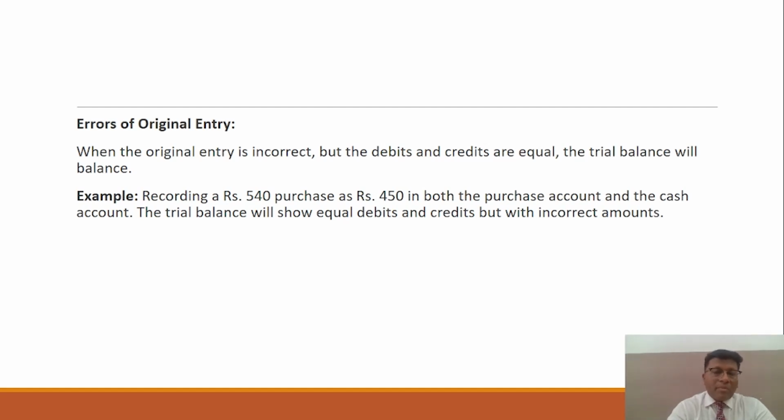Suppose you wrote a different amount in the credit side as compared to the debit side, there would be a mismatch. But in this case, because from the very beginning you are writing 450 instead of 540, the trial balance will show equal debit and credit balances but with incorrect amounts. So these are errors of original entry.